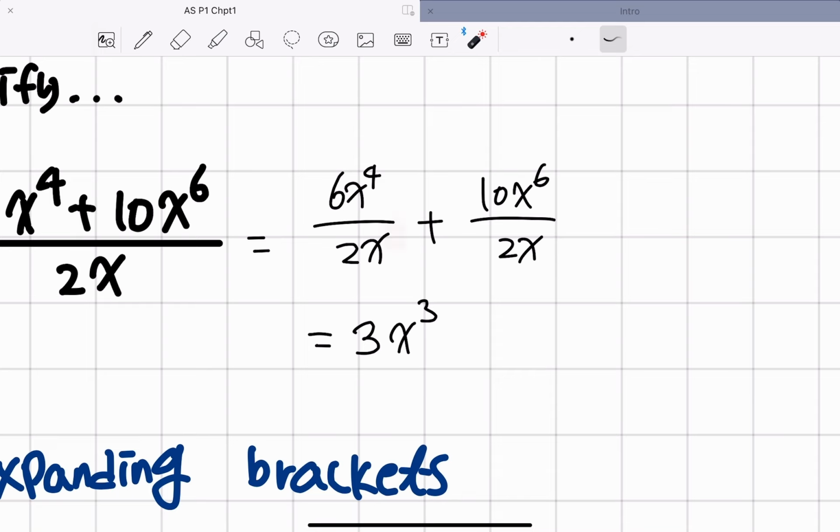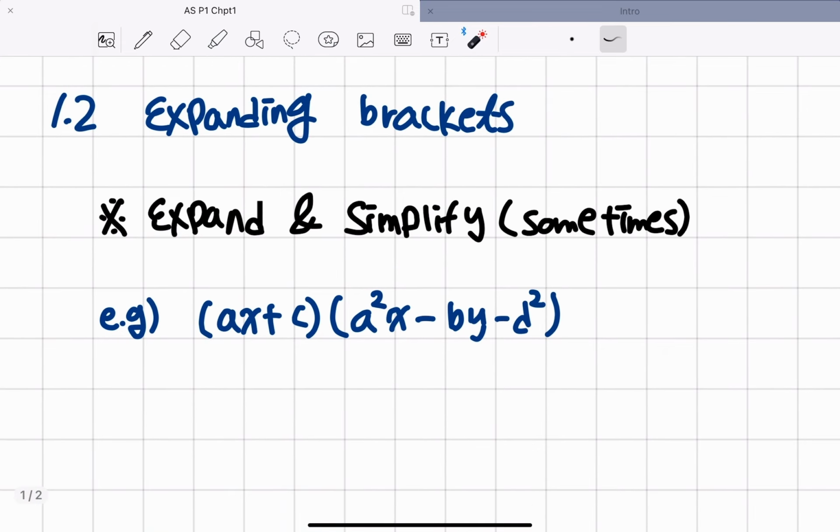So it is 3x cubed, plus we can also simplify 10 and 2. We can write 5 and x to the power 5, which is 6 minus 1, and for the first one, 4 minus 1. So we can simplify to 3x cubed plus 5x to the 5.